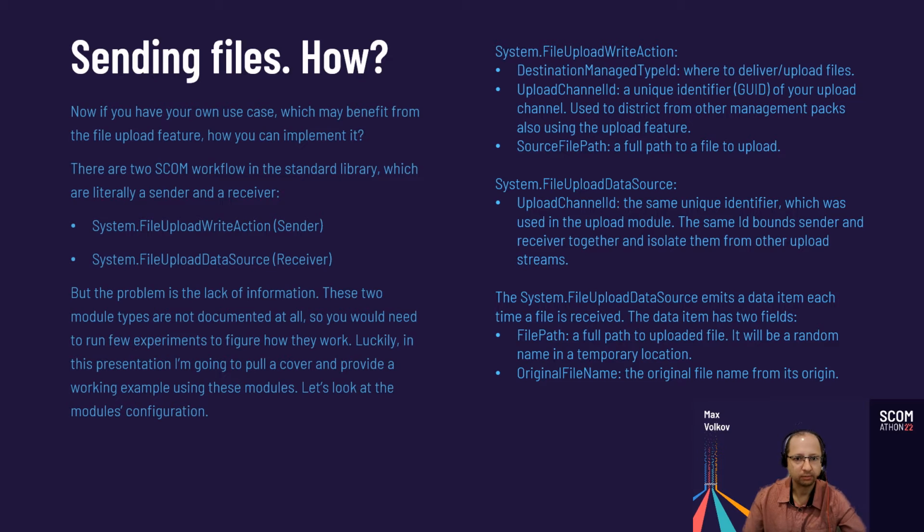And this data source, the file upload data source, will send a data item each time a file in this channel is received. The data item will have two fields. File path, which is a full path to the uploaded file. It will be a random name in a temporary folder. And original file name, which is the file name which you sent to the upload write action. Because the file name also can have some useful information, and so you may wish to parse it.